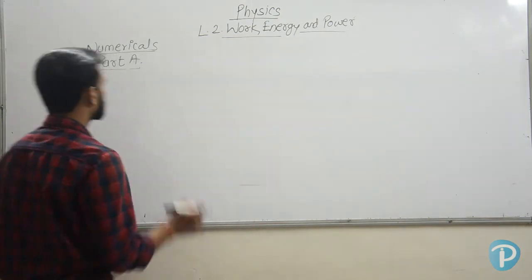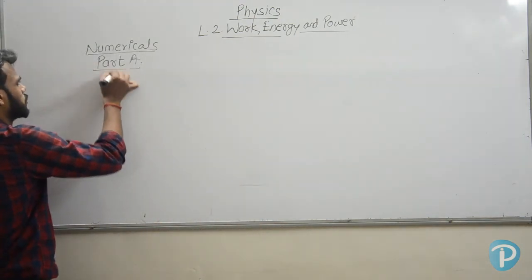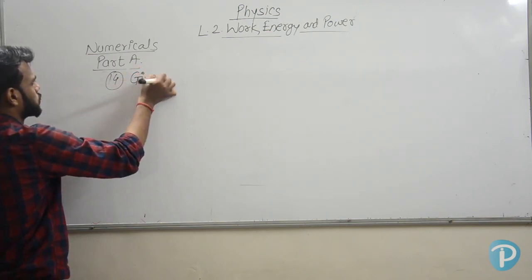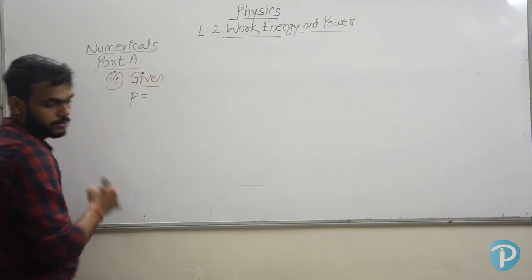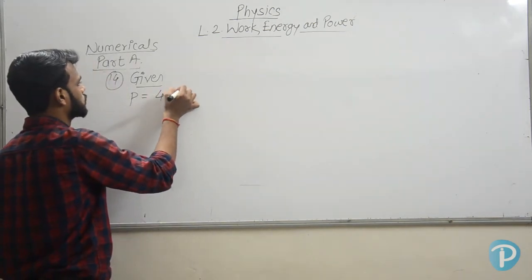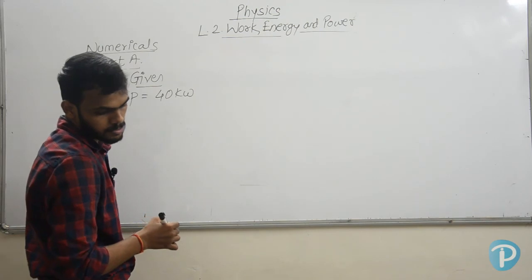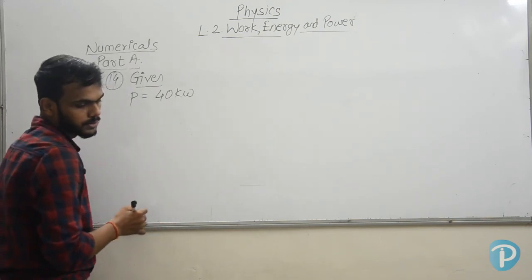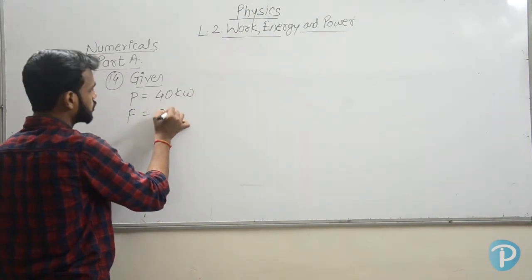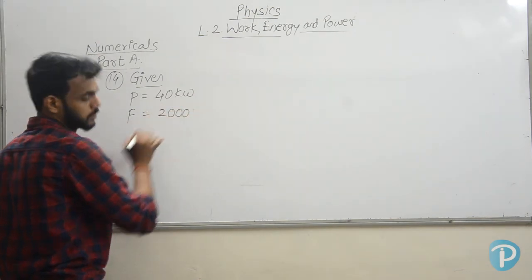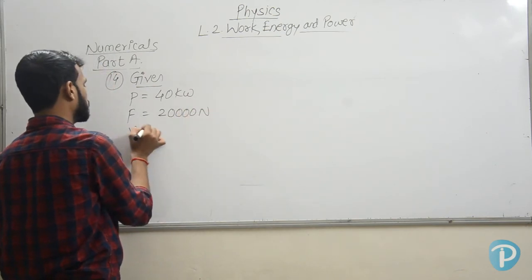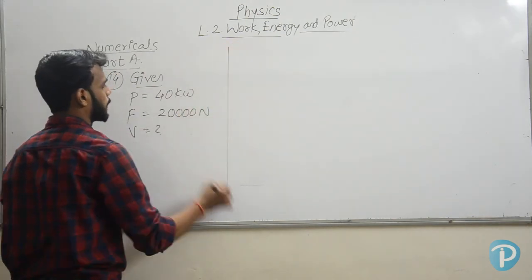So what they have given: power of a motor is 40 kilowatt, and the load, that is force, is 20,000 Newton, and we have to calculate the speed.